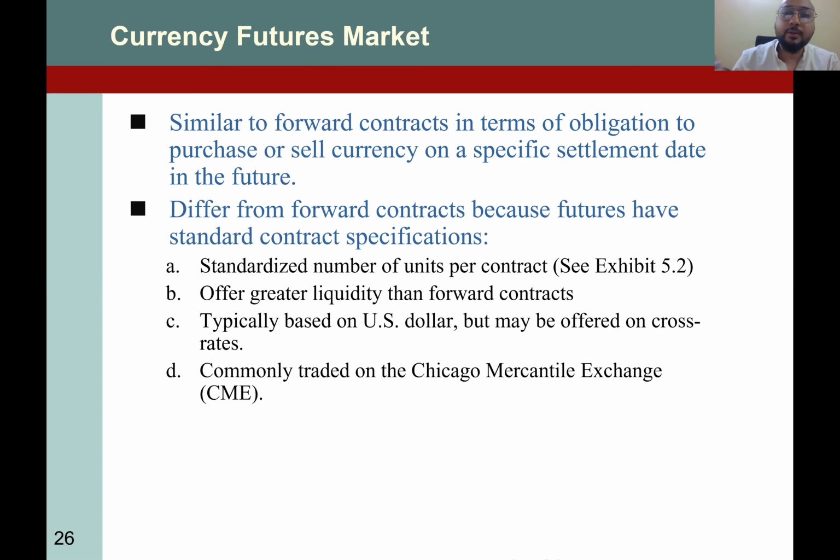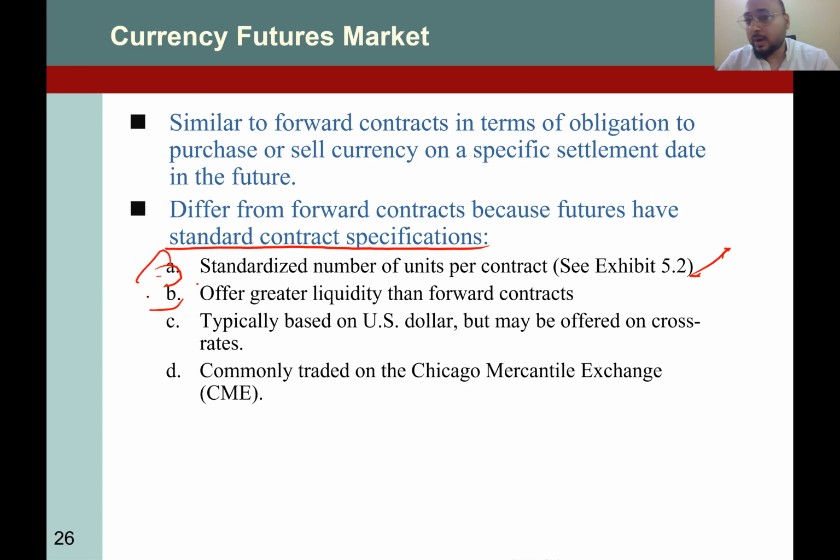So similar to forward contracts in terms of obligations to purchase or sell on a specified settle date in future, the difference is that futures have standard contract specifications, which means a standardized number of units per contract. Now we will see in our next slide what it means.